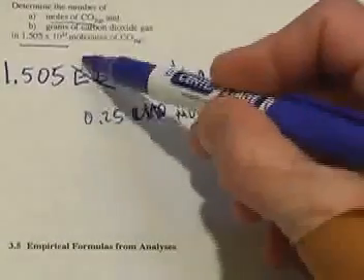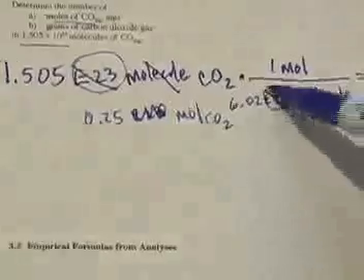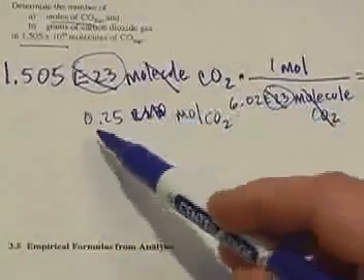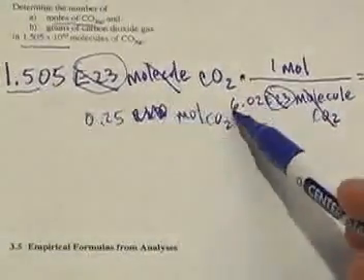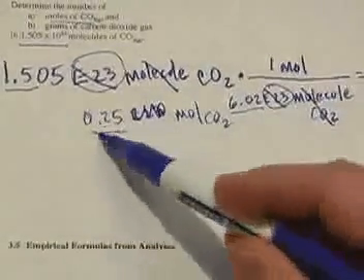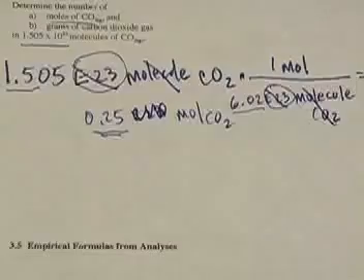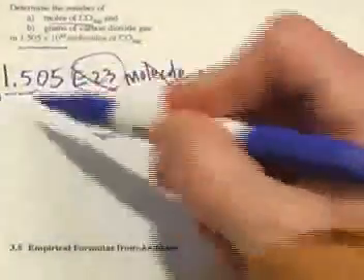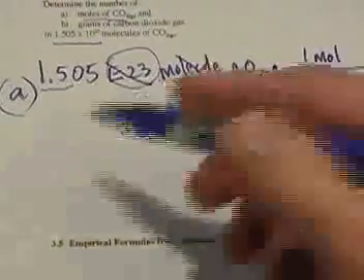Sorry about that. I meant to show you that the E to the 23 would cancel with the E to the 23. They'd go away, and so you're left with just 1.5 divided by 6. Then 1.5 divided by 6 is about 0.25. So there's about a quarter of a mole of CO2, which answers letter A. Okay, going on to letter B now.